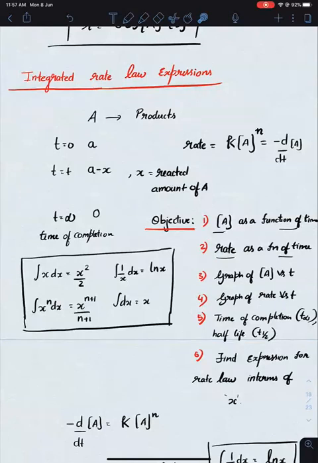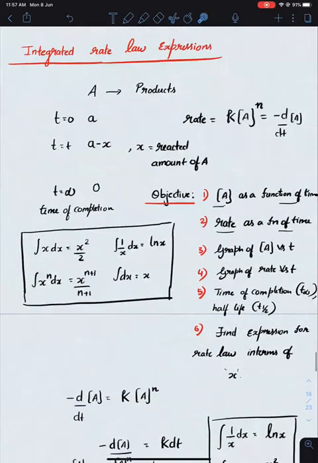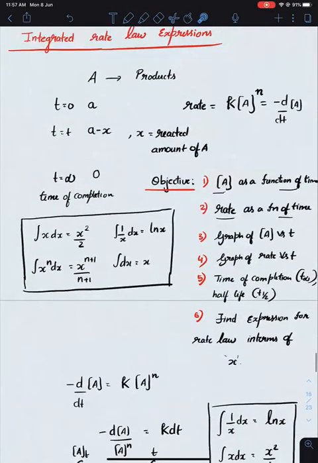And finally, we will see the variation of A with respect to time in terms of x, where x is the amount that got consumed. If a is the initial amount taken, and x is the amount that got consumed, amount left will be a minus x. We have to see the expression in terms of x. ये सब करने के लिए आप लोग को बेसिक इंटीग्रेशन का थोड़ा फॉर्मूलास पता होना चाहिए.